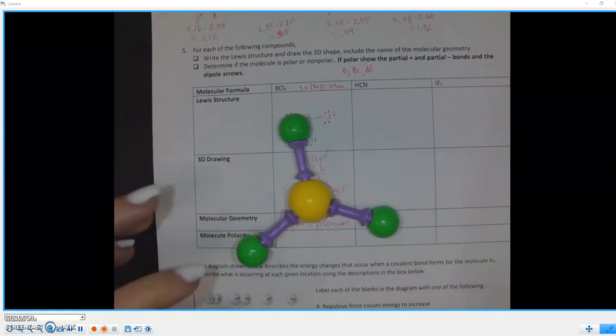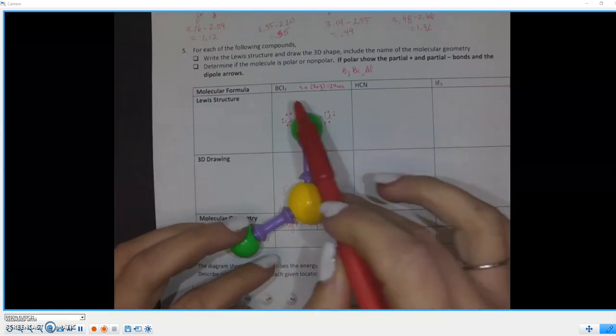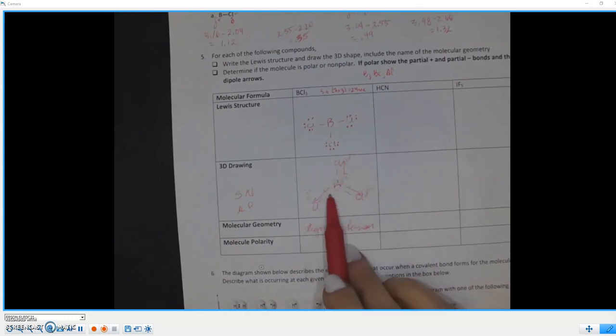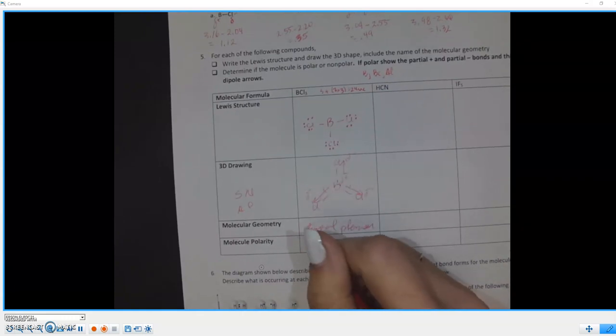Every single one of these domains are all bonded chlorines. And so we have symmetry. So reminder, if it is symmetrical, then the whole molecule is nonpolar. But if it's asymmetrical, then the whole molecule is polar. So since we get that symmetry, every domain is the same, this would be a nonpolar molecule.